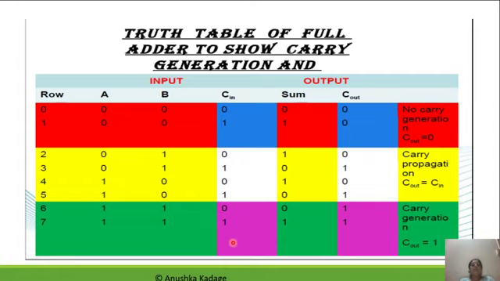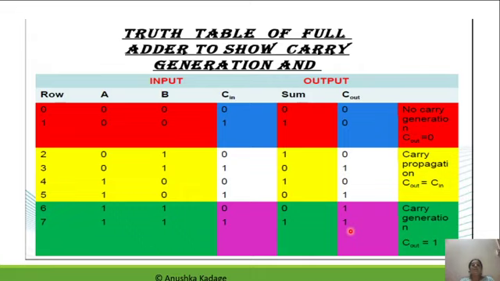Next, what we are going to observe is the third category, in which the 6th and 7th stages are presented, and it shows that the carry generated as C out is always equal to 1.